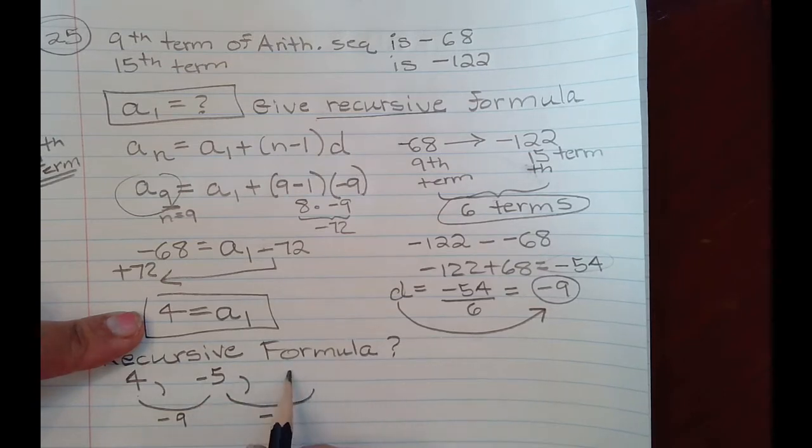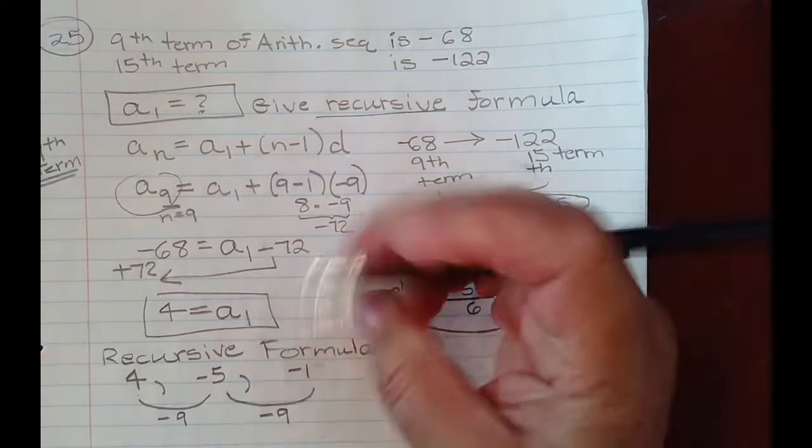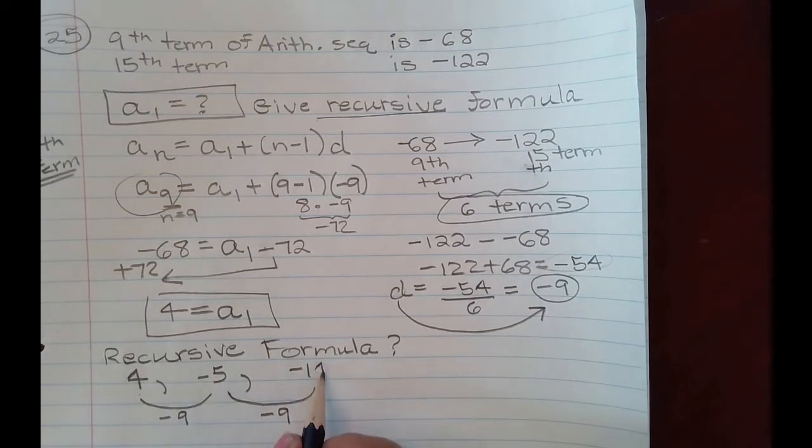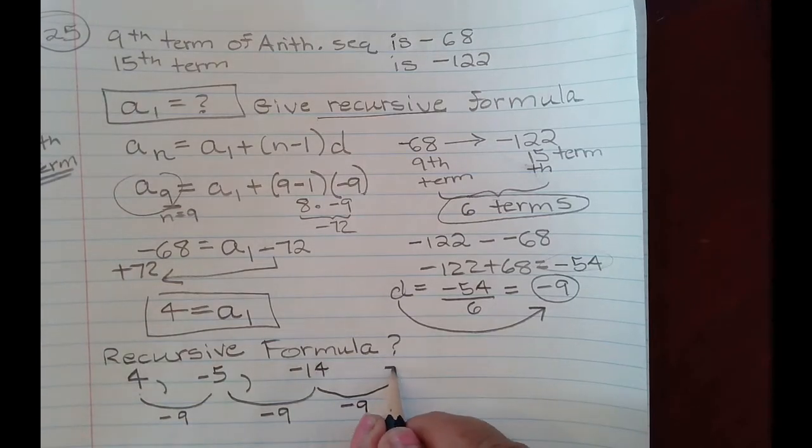And when I subtract 9 again, I hit negative 14. So you see you can list the terms of the sequence. Negative 9 combined with negative 5 is negative 14. You can list more of them if you want to, but I think you're ready to do a recursive formula. If you subtract 9 again, then this combined with this would be negative 23, and you have some of the terms listed. Not that you have to list this many.